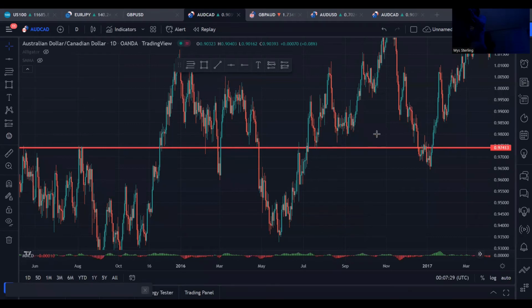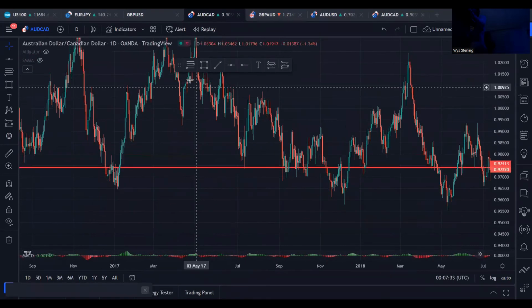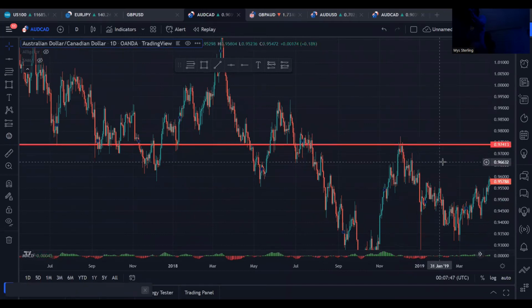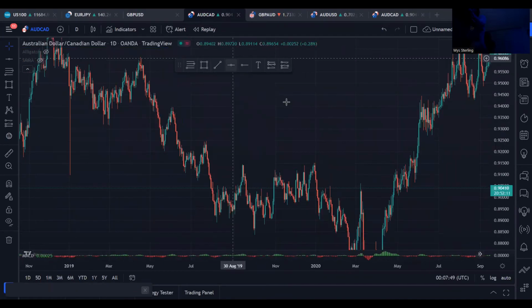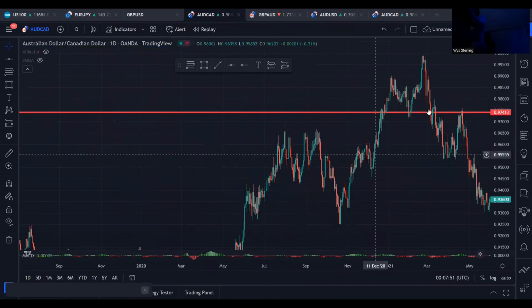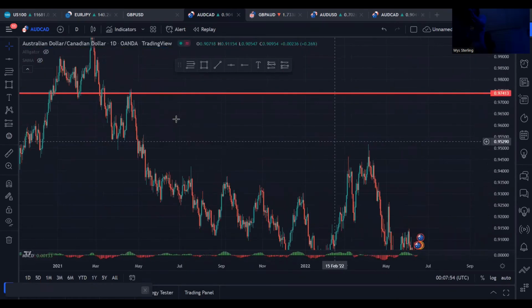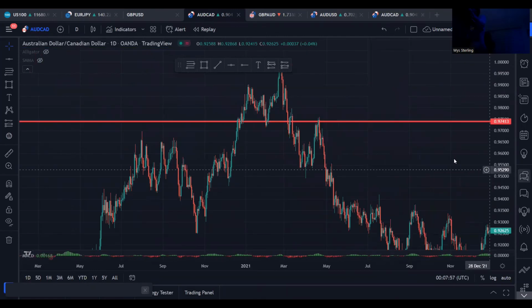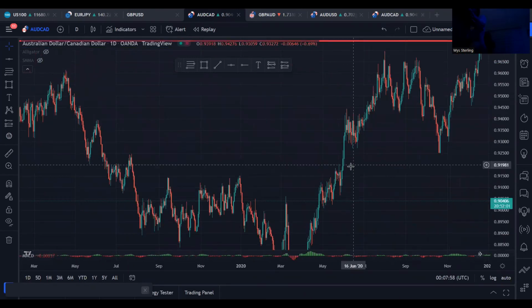Let's go forward and see. We had touches here too: here, here, here, here, showing us that this particular line that we drew is valid. We had another one here. As we are going, we will be spotting more. Another one here, showing us that this line is valid. That is how you spot your support and resistance.